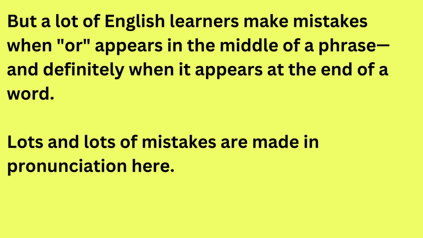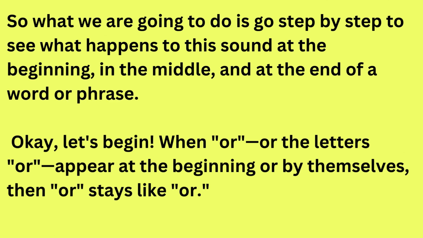But a lot of English learners make mistakes when "or" appears in the middle of a phrase, and definitely when it appears at the end of a word. Lots and lots of mistakes are made in pronunciation here. So what we are going to do is go step by step to see what happens to this sound at the beginning, in the middle, and at the end of a word or phrase.